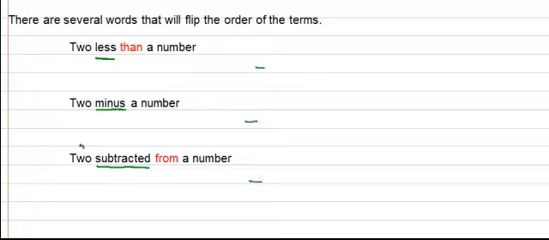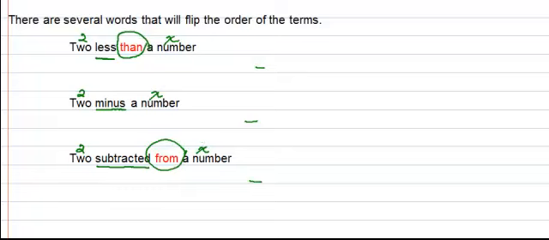Also, we can see that it's 2 and a number, 2 and a number, 2 and a number. So what is special is these little extra words that we've got in here. So the first one says 2 less than a number. So if you listen to what it's saying, it is saying that I am subtracting 2 from something else.